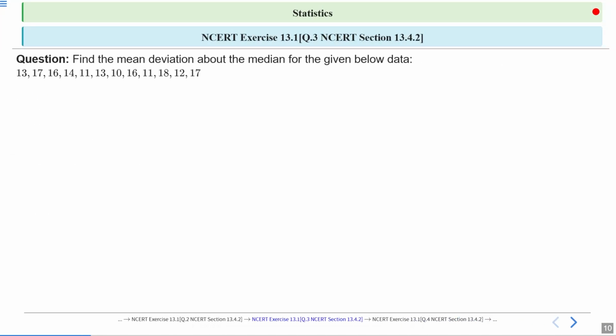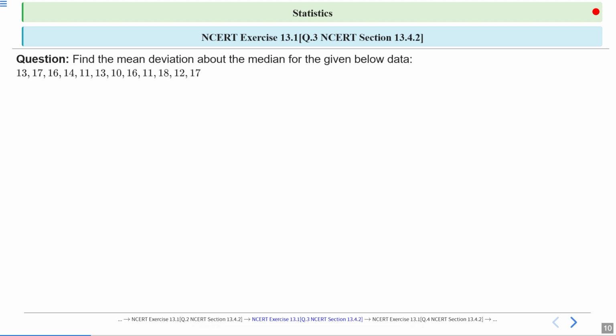In this question, we have to find the mean deviation about the median for the given data. The given data are 13, 17, 16, 14, 11, 13, 10, 16, 11, 18, 12, 17.